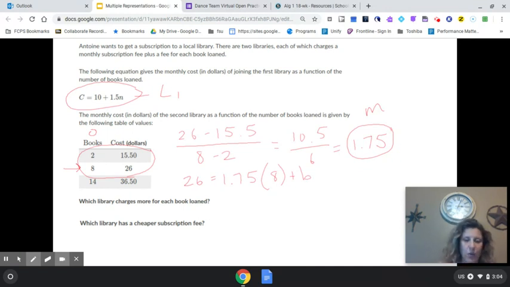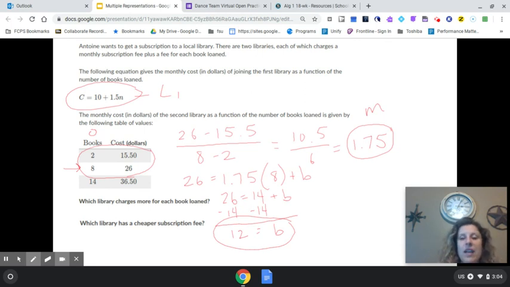So 1.75 times 8 gives me 14, so 26 is equal to 14 plus b. And to solve for b, we're going to subtract 14 from both sides. That's going to give me a y-intercept value of 12. Okay, so now that we have m and b, we can write the equation for the second library.